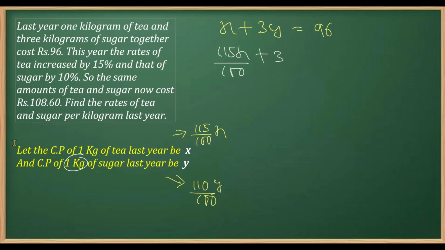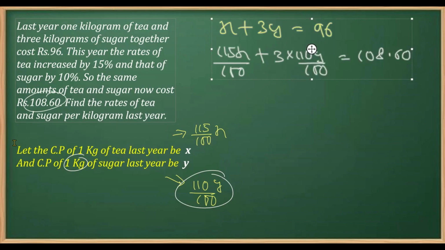On increasing, so 3 multiplied by 110y over 100. And what's the new price? I can say it is 108.60.